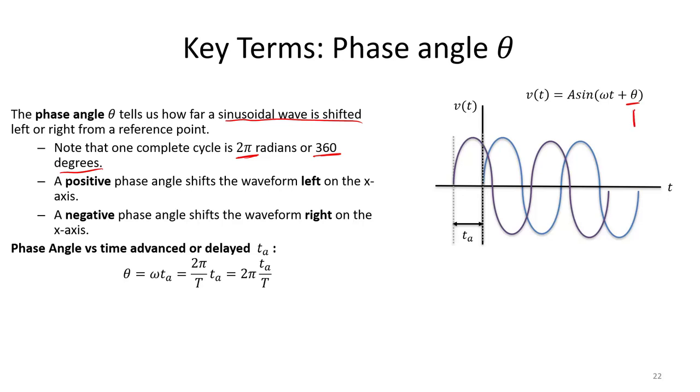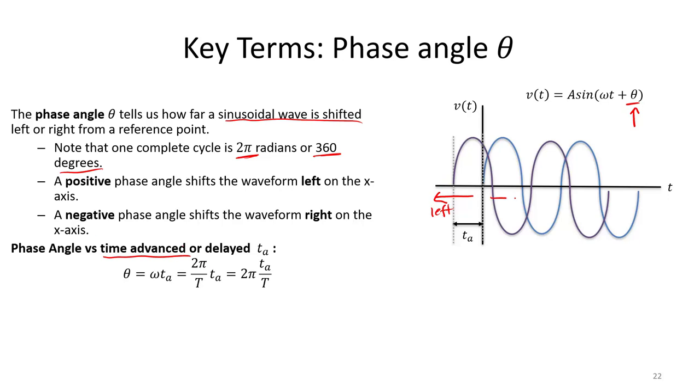If we have a positive phase angle theta, our waveform will be shifted left. Basically, the waveform will happen sooner in time. So it's basically time advanced. We're advancing the wave so that it happens sooner in time.